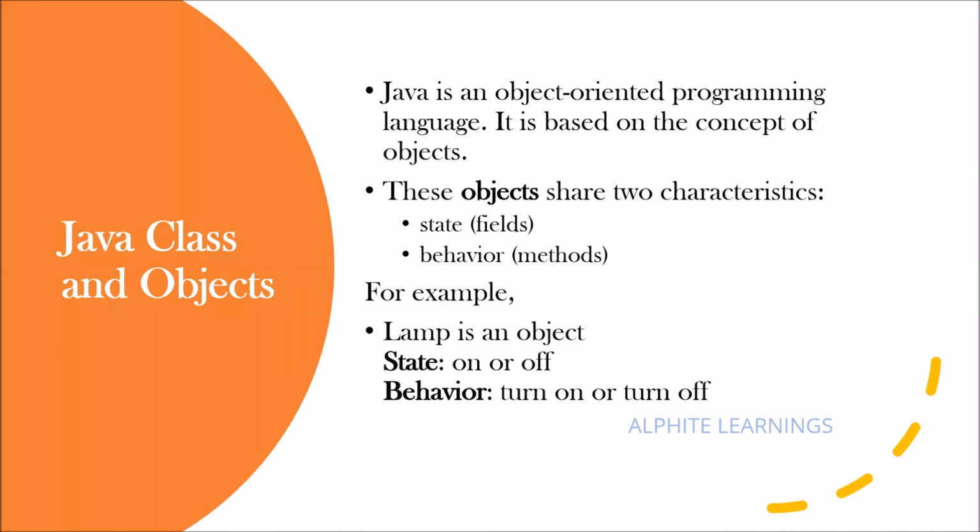in the sense, let us take the same marks list as an example. We'll take some subject, let us say Max. So Max is an object, so the state will be your marks.